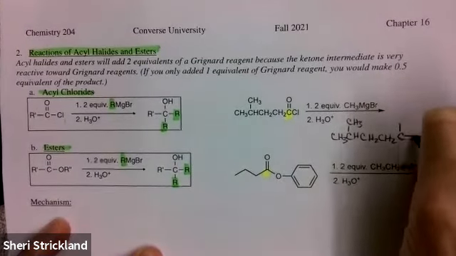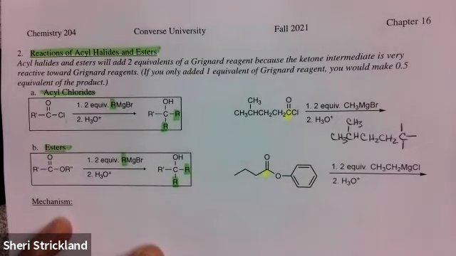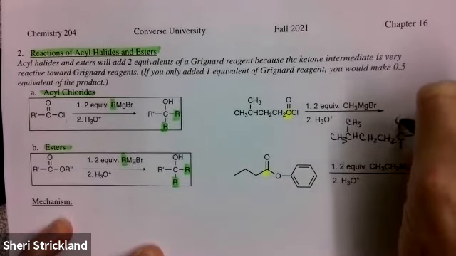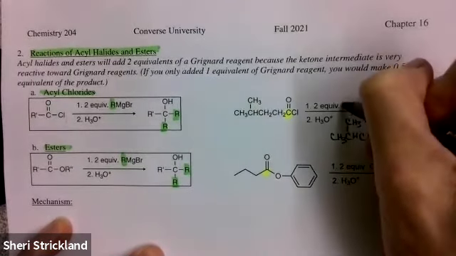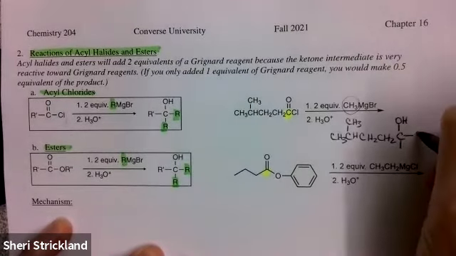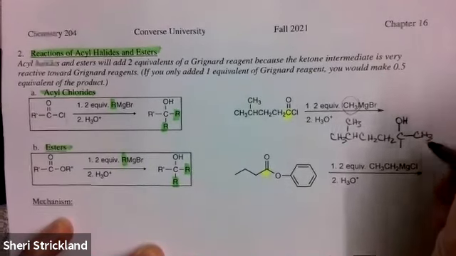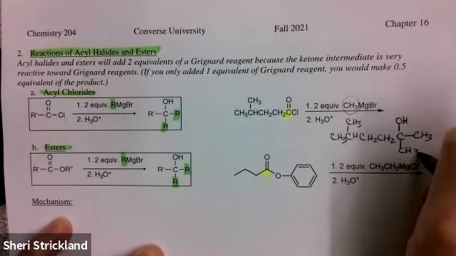So you might just draw out these bonds so that you can remind yourself of what gets attached to it. Now it's the alkyl portion of the Grignard reagent that adds twice. So this product looks like that.